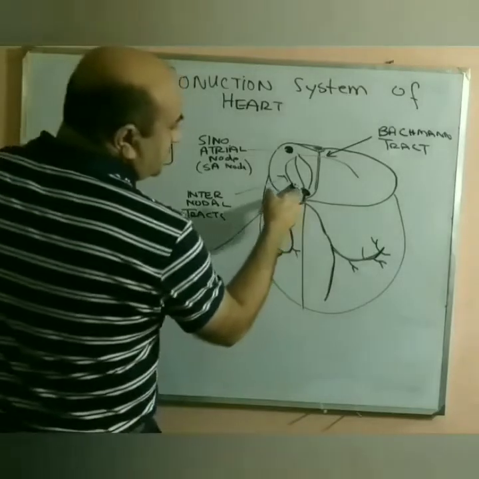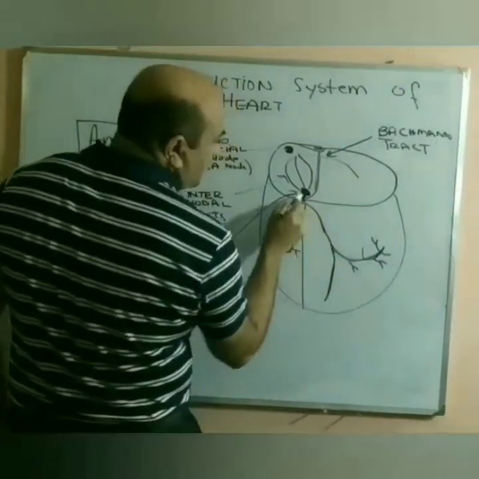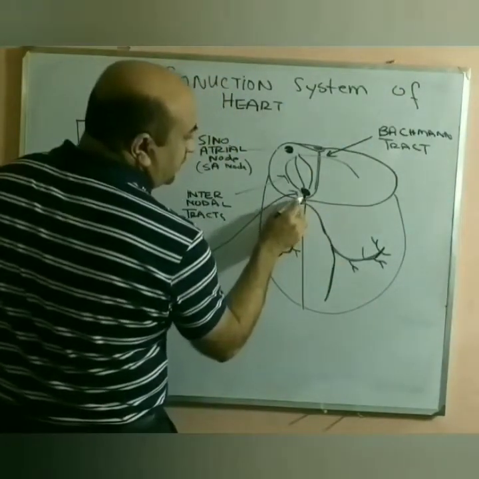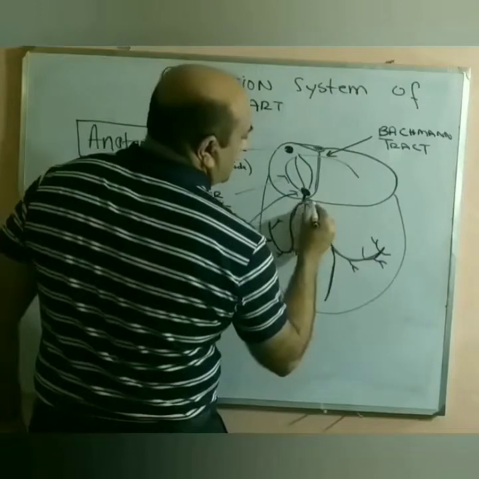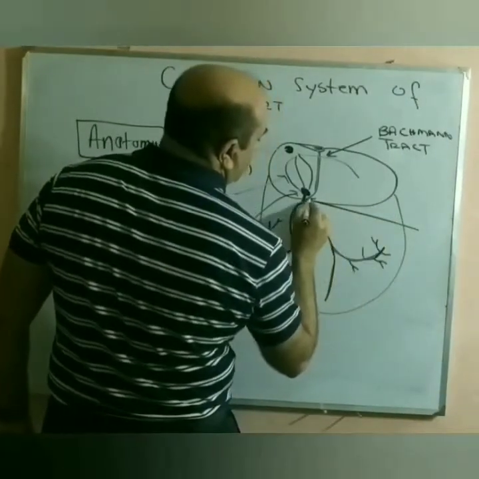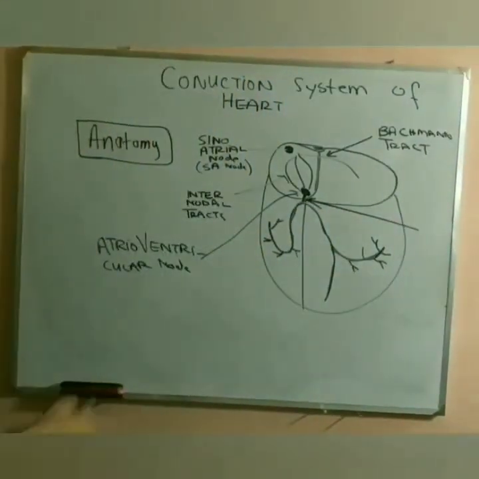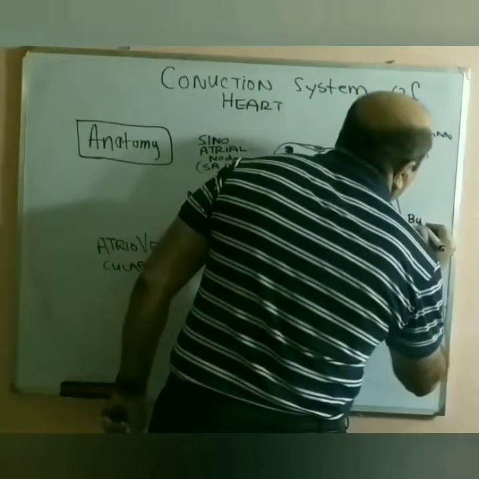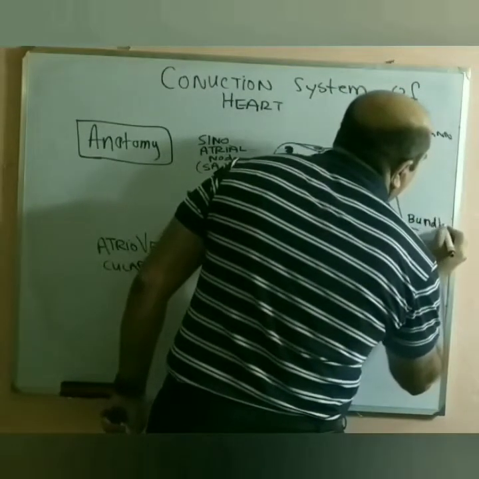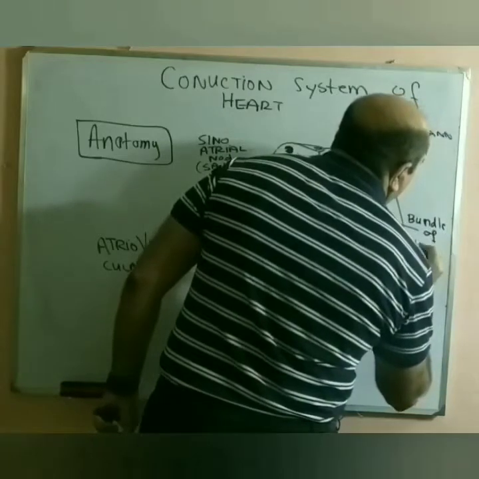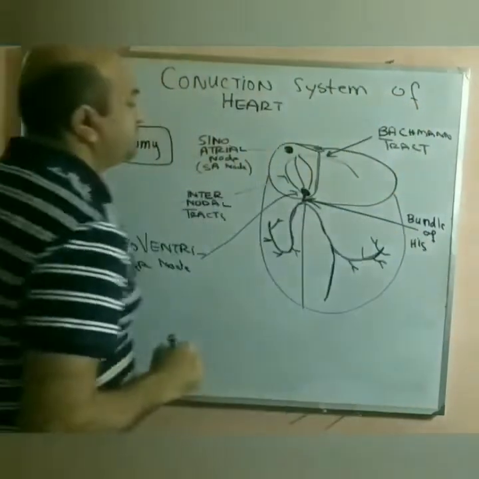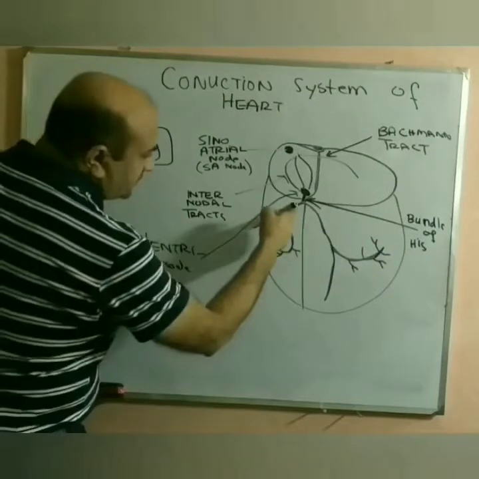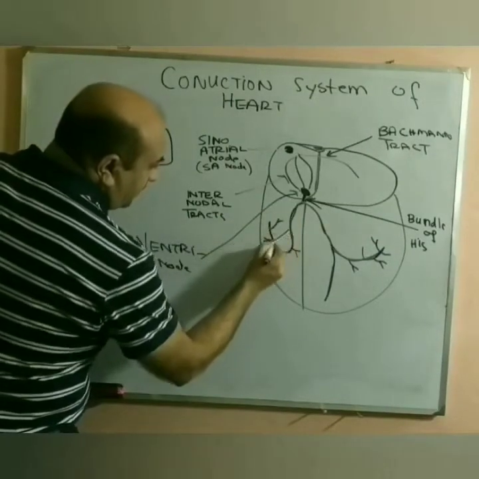Underneath the AV node, this strip is the bundle of His. Here comes the right bundle branch.